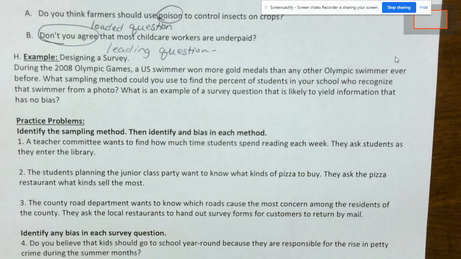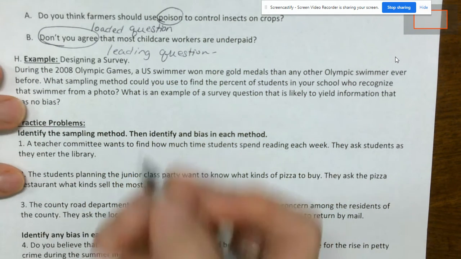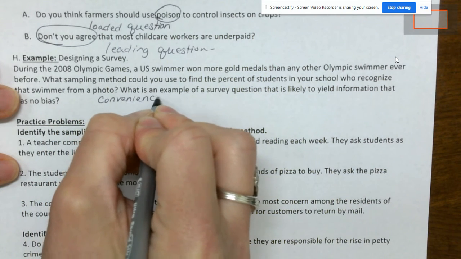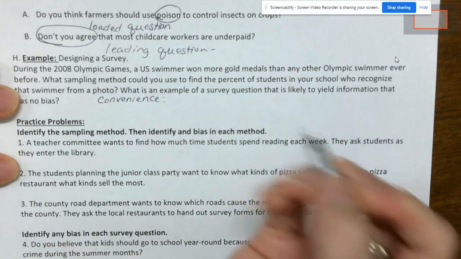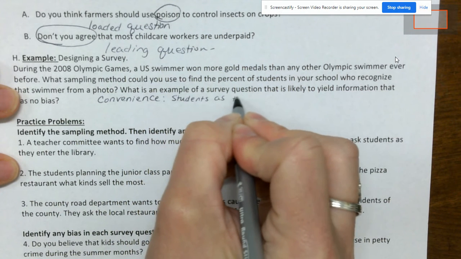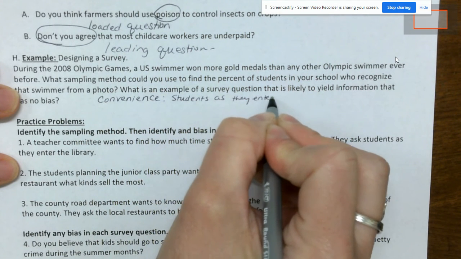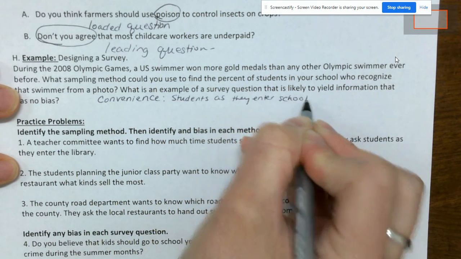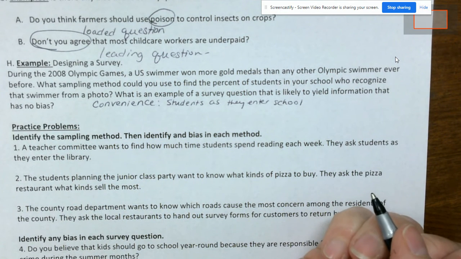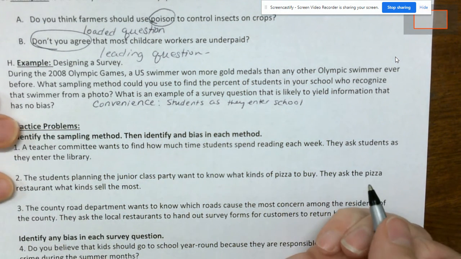So I'm going to give you an example of what could be an answer. I could use a convenience sample, and I could ask students as they enter school. I probably wouldn't want to ask them as they leave because they're in a hurry to get out. But as they're entering, it would be a convenience sample.